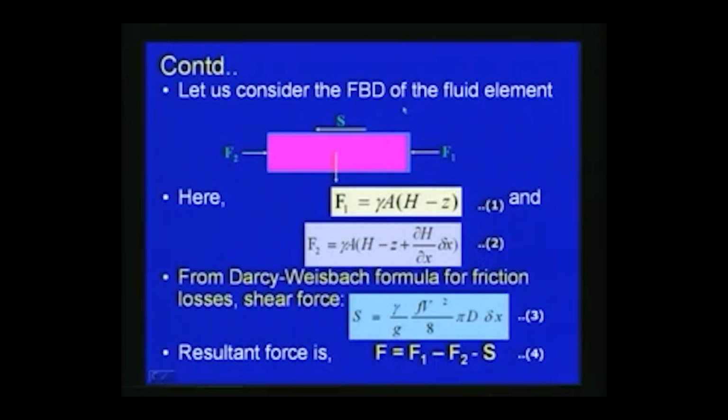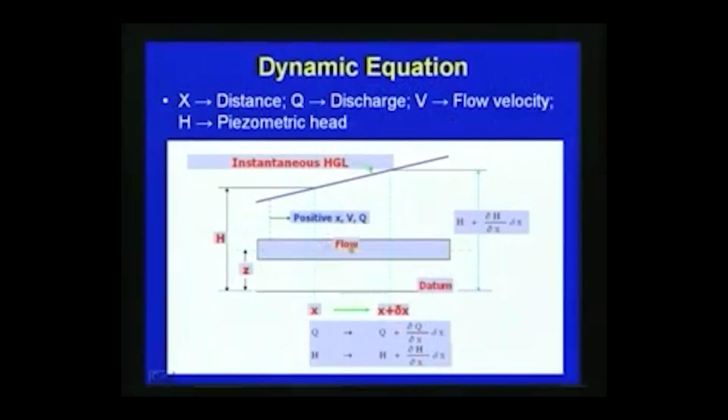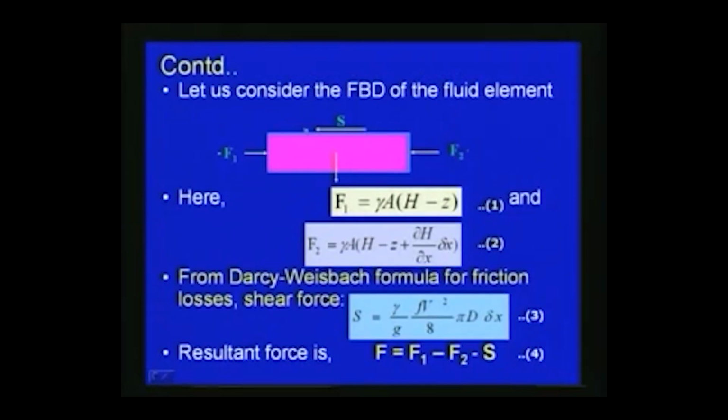Now, if we consider the free body diagram of the fluid element between section 1 and 2, the forces acting are the pressure force F1 in this direction and F2 in this direction, a shear force S, and the weight of the fluid element.